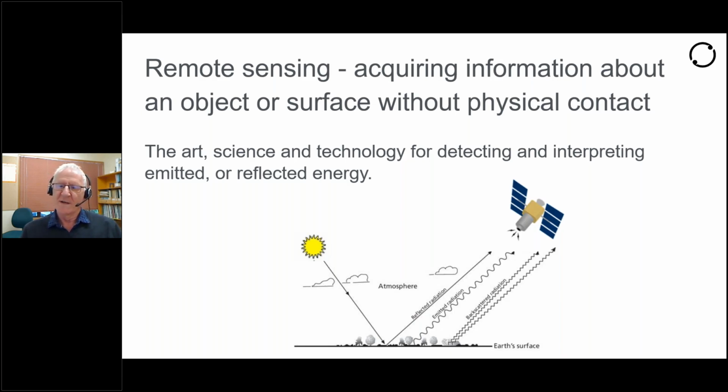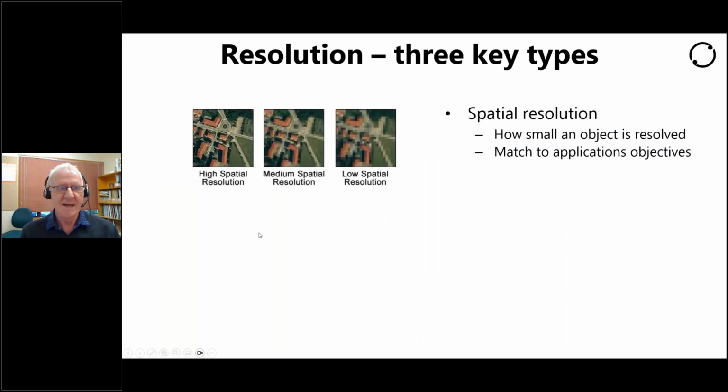So it's really interpreting electromagnetic radiation from the surface, and this can either be reflected radiation, which is ultraviolet, visible, or infrared, for instance, coming from the sun and reflected, or it could be emitted radiation, which is really thermal or gamma or microwave radiation that's directly emitted from the surface, or it could be backscattered from the instrument itself, where the instrument sends out active radiation and that gets reflected or backscattered in some way. I'll be covering a bit more about this later.